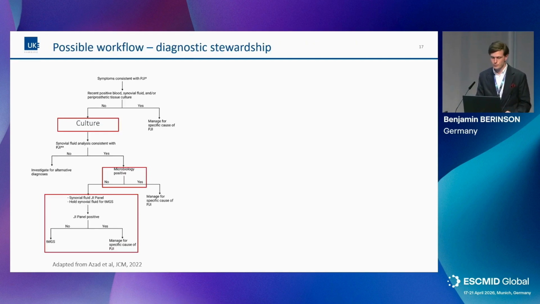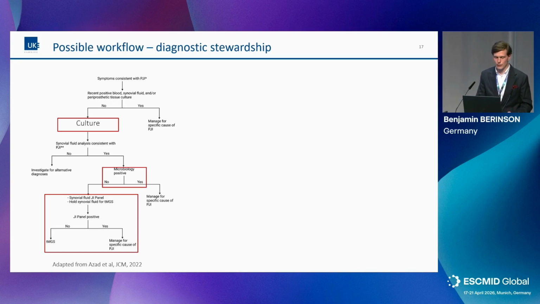And this is, for example, from Azad et al., a proposed workflow where you can still see the culture is still above all. But then in a certain subset where the culture remained negative, but one still has a high suspicion of joint infection, then one could apply, for example, syndromic panel testing or 16S rDNA.